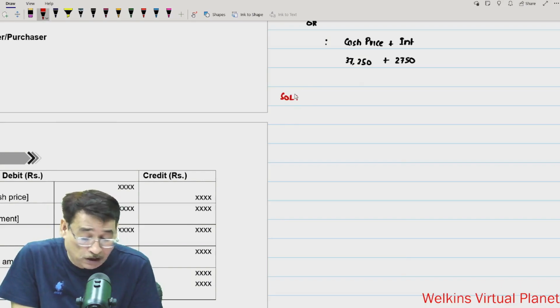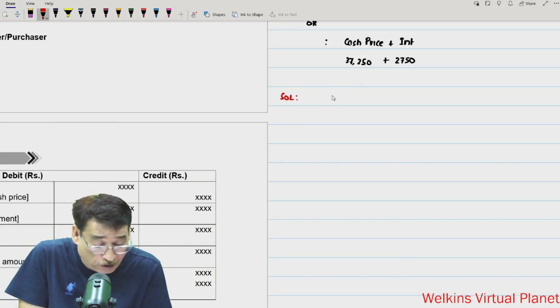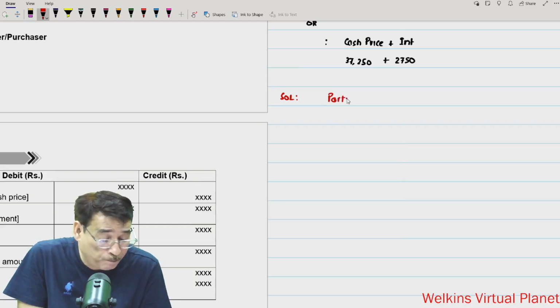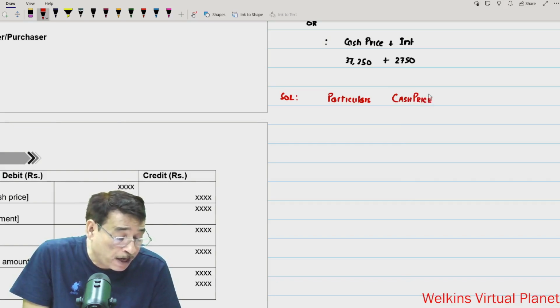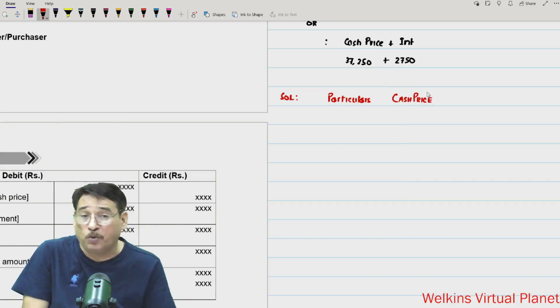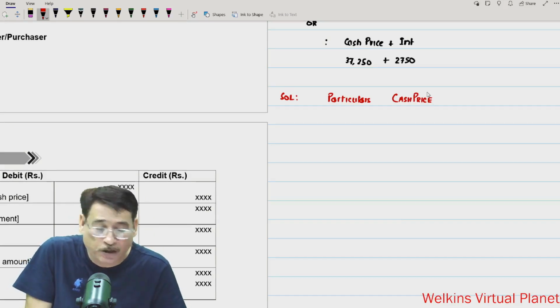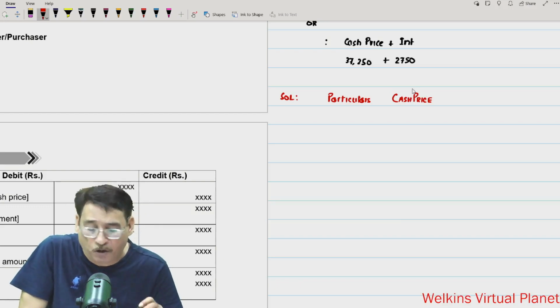In order to solve this particular question, first of all, in one column you write particulars. And in the next column you write cash price. I told you, while doing the accounting, we will always use the term cash price. But in your mind, you need to keep that from the perspective of the purchaser, cash price is nothing but cost price.